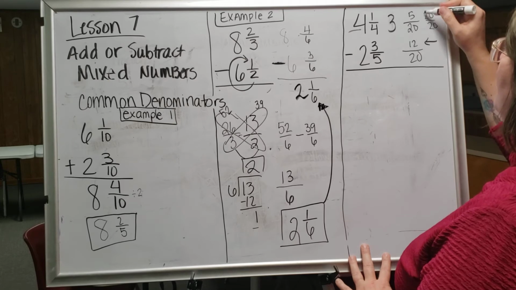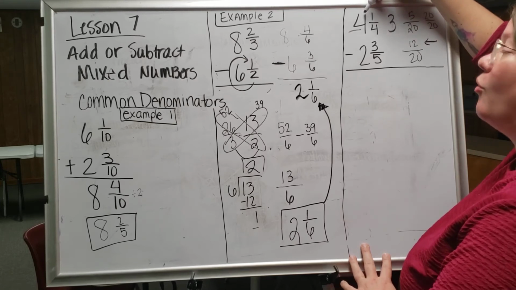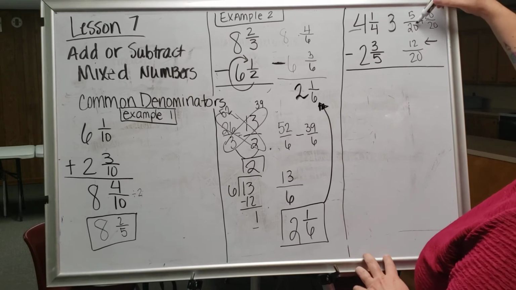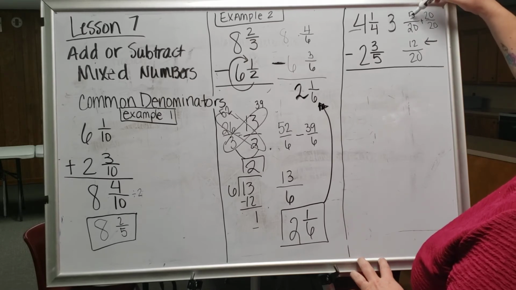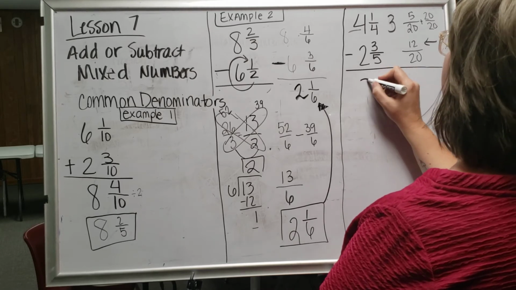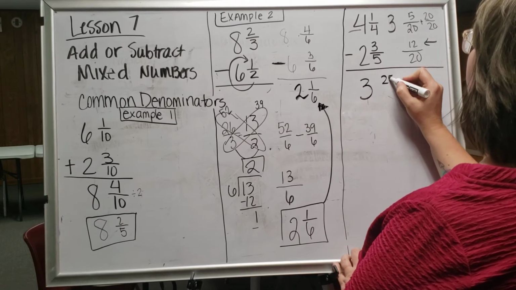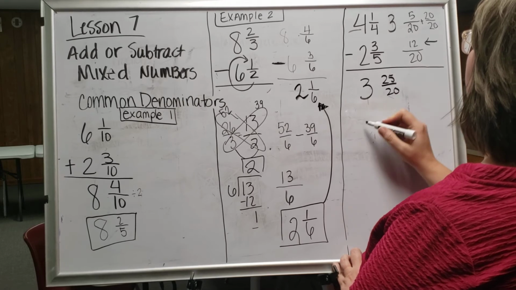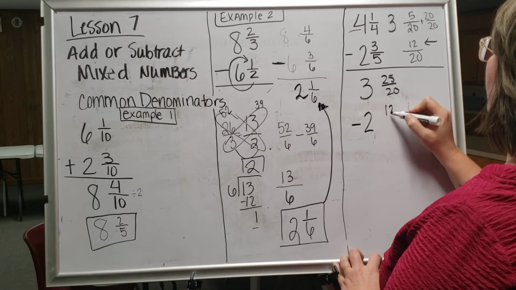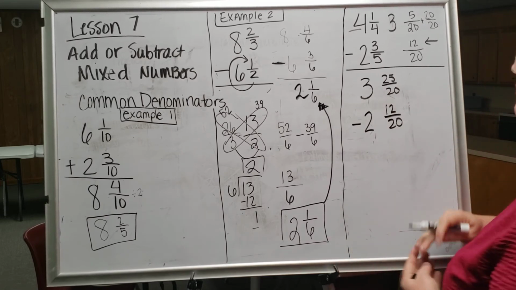This represents the 1 that we borrowed from the 4. So now I need to add these 2 fractions together. The denominator stays the same, but 5 plus 20 gives us 25. So let's rewrite this. 3 and 25 over 20 minus 2 and 12 over 20.